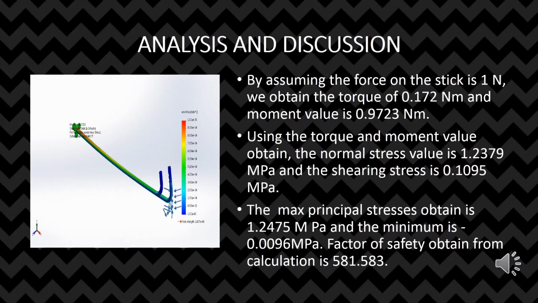By assuming the force on the stick is 1 Newton, we obtain a torque of 0.172 Newton meter and a moment value of 0.9723 Newton meter. By using the torque and moment values obtained, the normal stress value is 1.2379 megapascal and the shearing stress is 0.1095 megapascal.